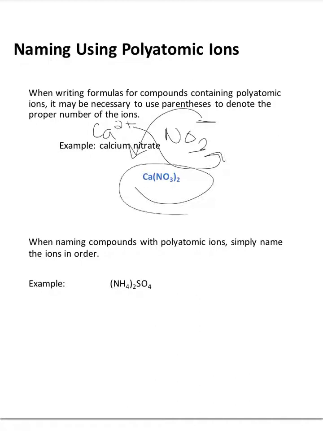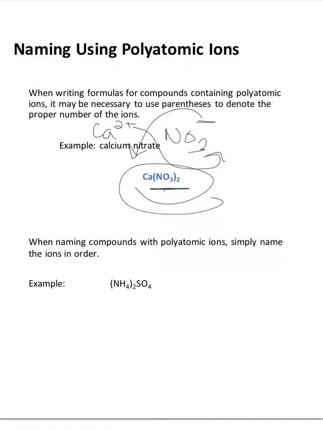So what we end up with is Ca, parentheses, NO3, and then 2 outside of the parentheses. Keep in mind we have these parentheses because we need to note that the nitrate ion is a unit that travels together, and that 2 needs to apply to all of the atoms in that specific polyatomic ion.